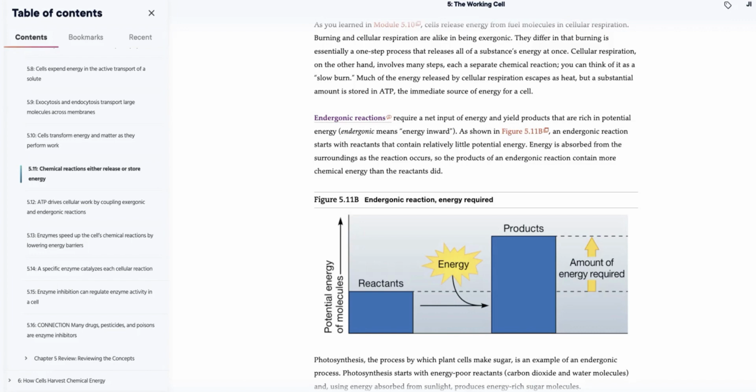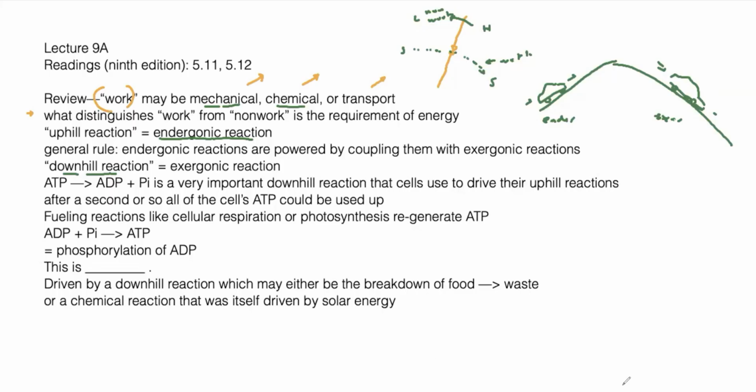And so this is happening millions of times per second, billions of times per second in each and every cell in your body. These uphill, endergonic examples of mechanical work, chemical work, transport work, they're needed all the time, 24/7.